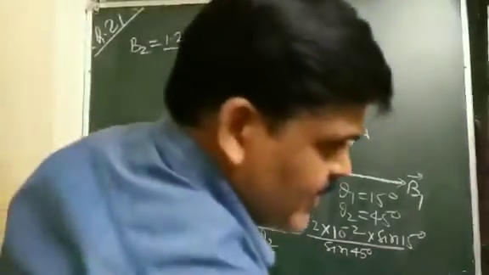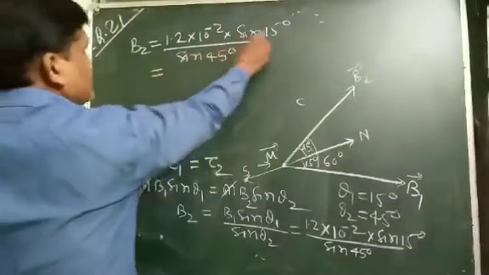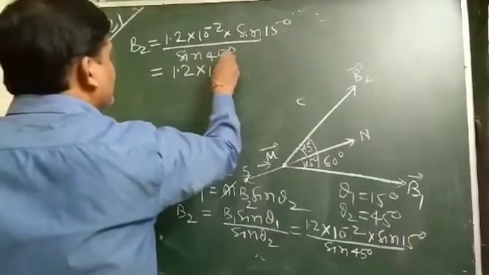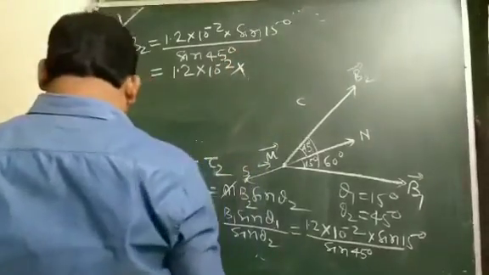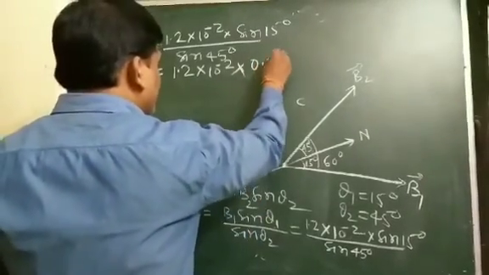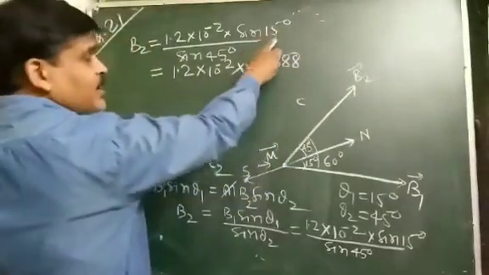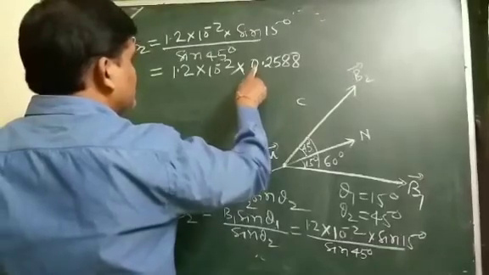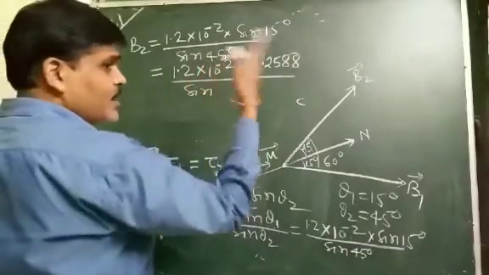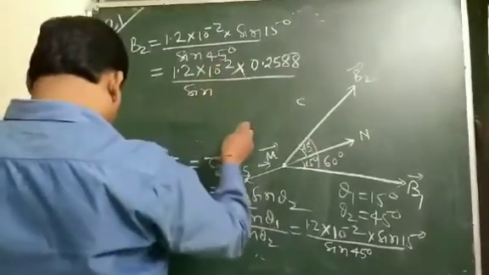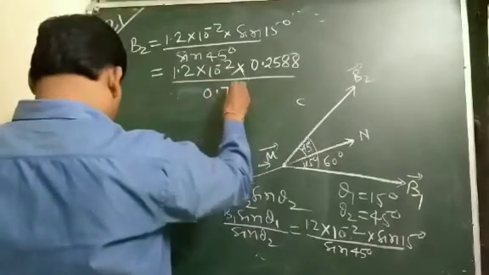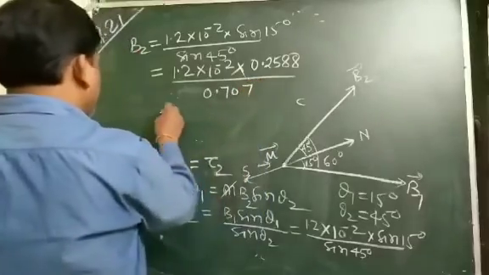Sin 15 degree from the natural sine table is 0.2588, and sin 45 degree is 0.707.